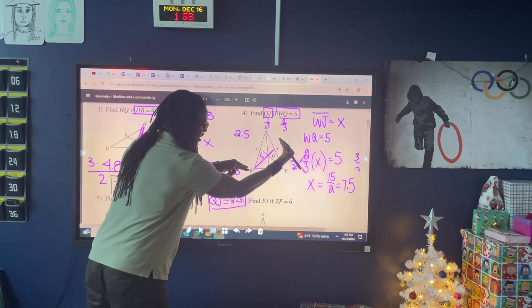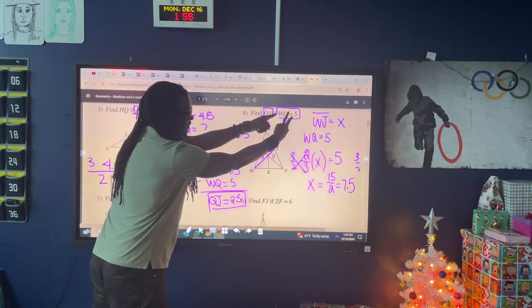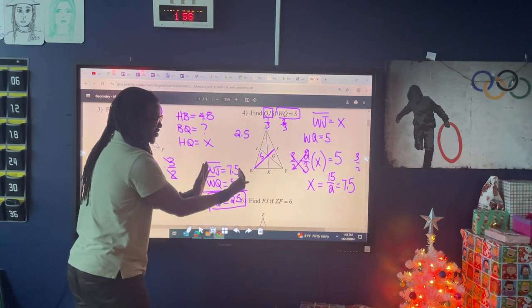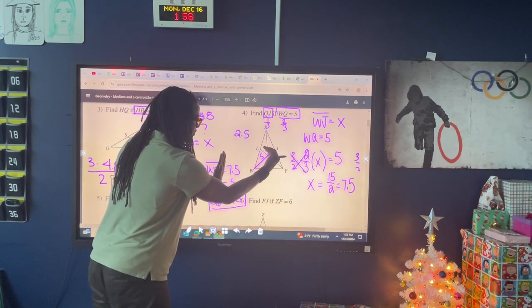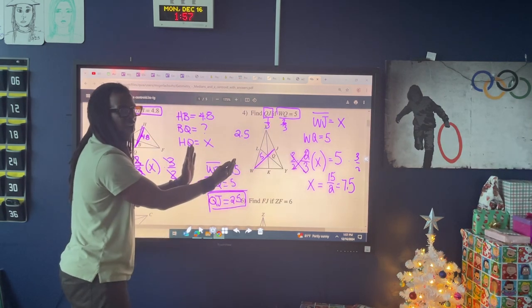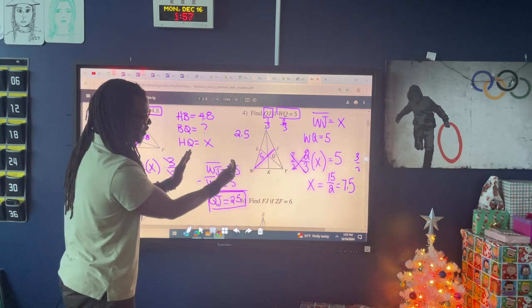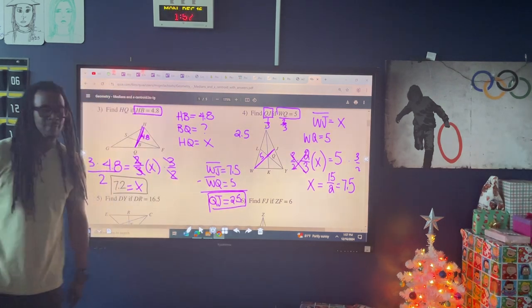So the entire distance is 7.5. They gave us WQ, which is 2/3 of the entire segment. We are looking for QJ, which is 1/3 of the entire line segment, resulting in 2.5.